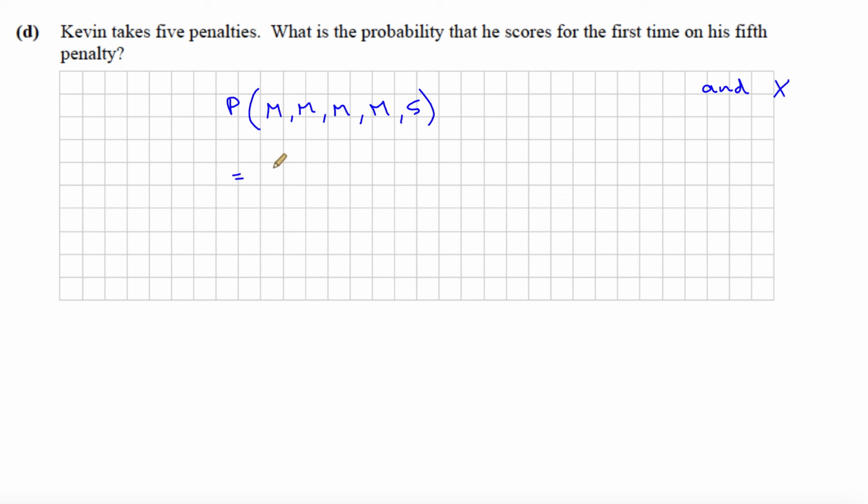So that's going to be equal to 1/4 for the first miss, and 1/4, and 1/4, and another quarter, and finally on his 5th go he scores 3/4. So when we put all of this here into our calculator, we get 3 over 1024. So quite low, the probability. So that's the end of part D and the end of question number 2.